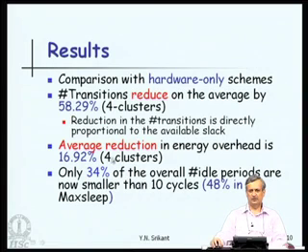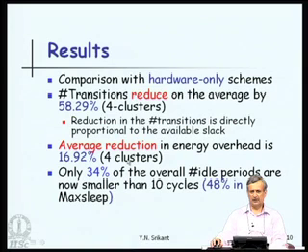Okay. Now the average reduction in energy overhead. Observe that the reduction in energy overhead is about 17% for 4 clusters, and only 34% of the overall number of idle periods are now smaller than 10 cycles, whereas they were 48% in the Maxsleep or hardware only scheme.